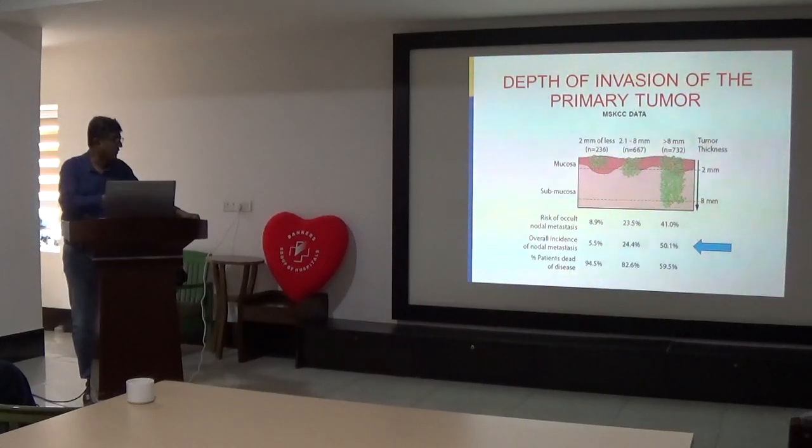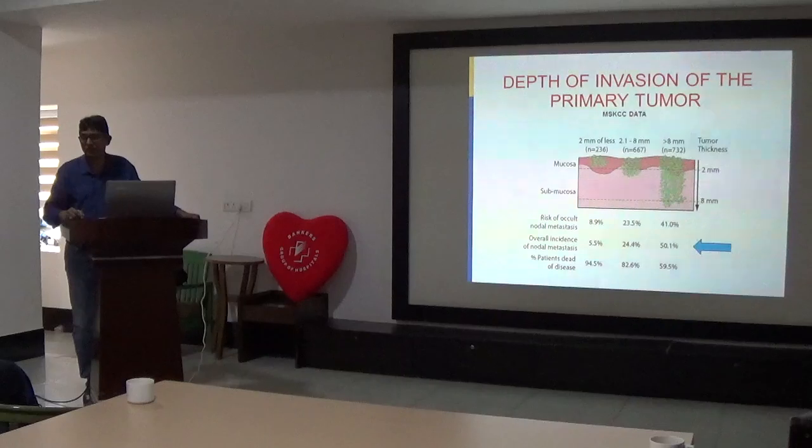Now look at this, the overall incidence of nodal metastasis. When the tumor is thick, it is around 50%. And if you see the overall survival, if you have a thick tumor with a node positive, it drops to around 60%, whereas with a node negative neck, the survival is around 95%.